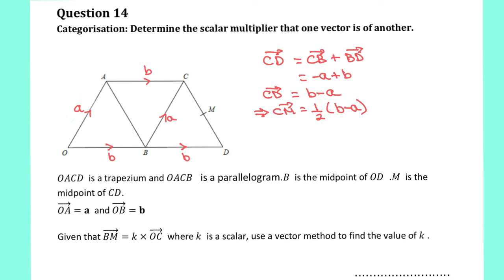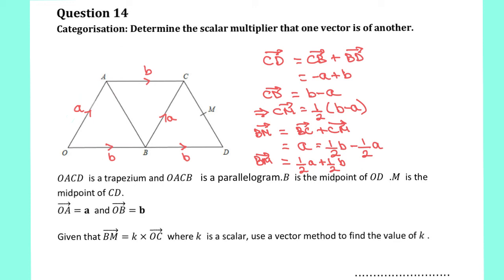Now let's find vector BM. So vector BM is equal to BC plus CM. Well, we know what BC is, it's a. We also know what CM is. It's equal to a half b minus a half a. So BM is equal to a half a plus a half b.